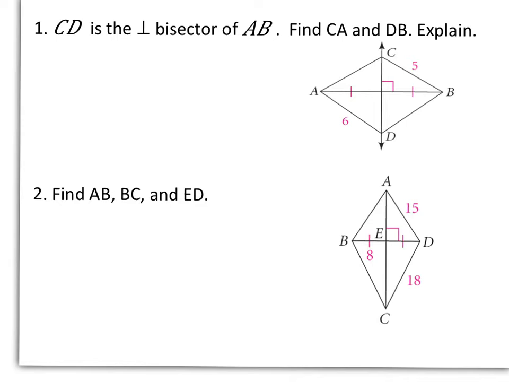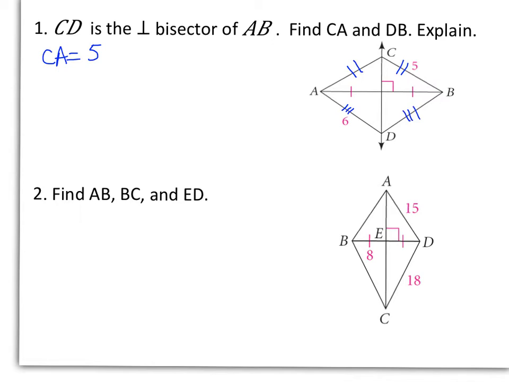Number 1 says CD is the perpendicular bisector of AB. Find CA and DB, explain. So if CD is the perpendicular bisector of AB, that means point C is equidistant from A and B, making AC congruent to BC. So right there I know that CA is 5 because CB is 5. And D will be equidistant from points A and B. So that makes these line segments congruent.